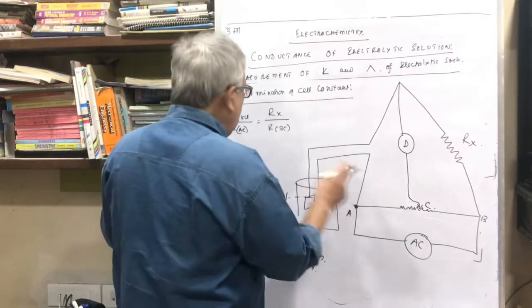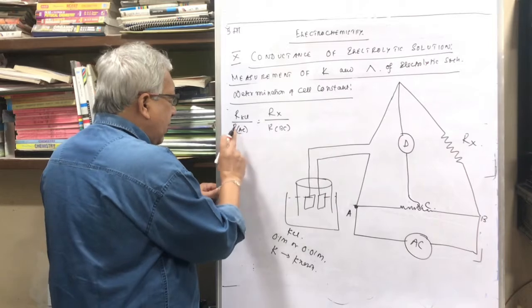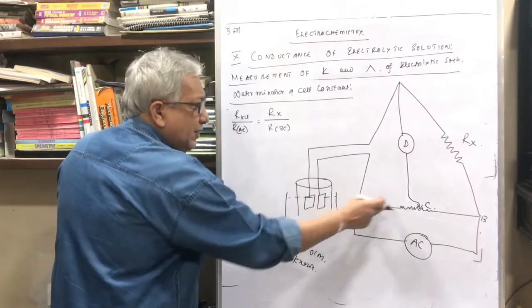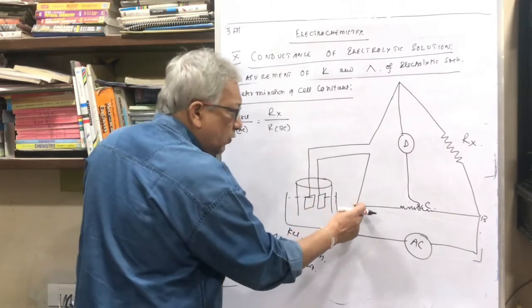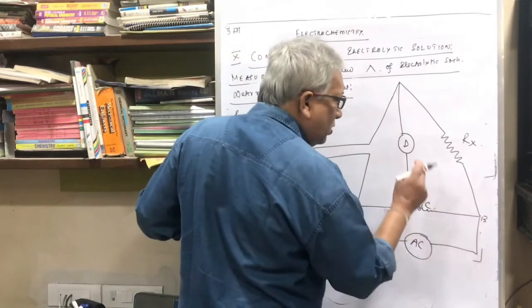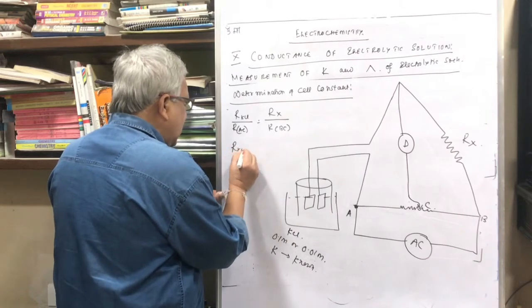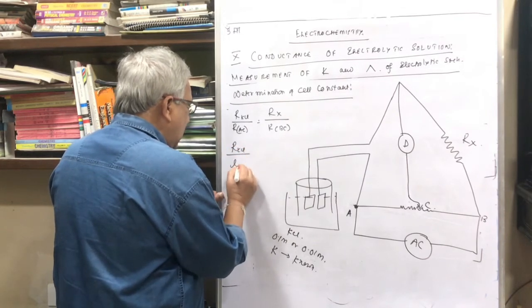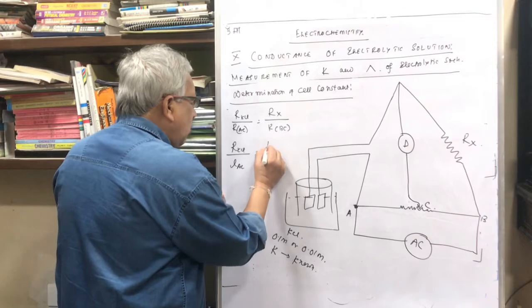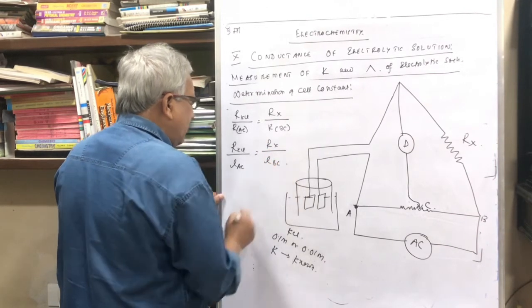Now this resistance is proportional to the length. So the resistance of AC is proportional to the length of AC, and the resistance of BC to the length of BC. So I will say the resistance of KCl upon length AC is equal to Rx, the known resistance, upon length BC.